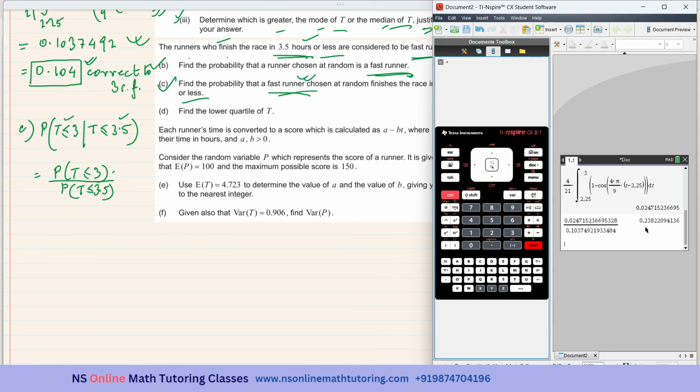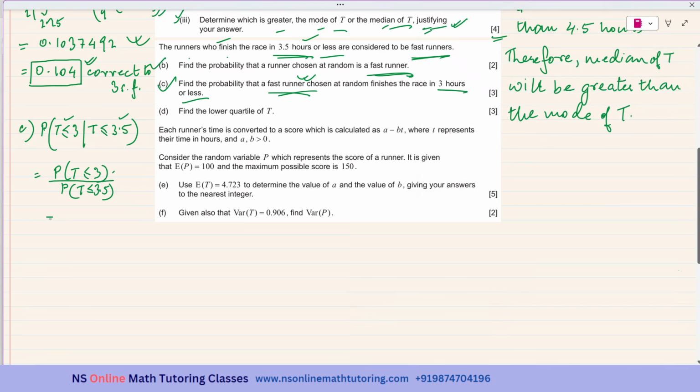Now I'll be writing the final answer, so I can take the answer correct to three significant figures. It will be 0.238. Okay, so this is equal to 0.238 correct to three significant figures. It is carrying 3 marks.